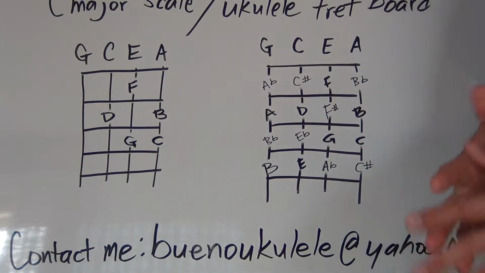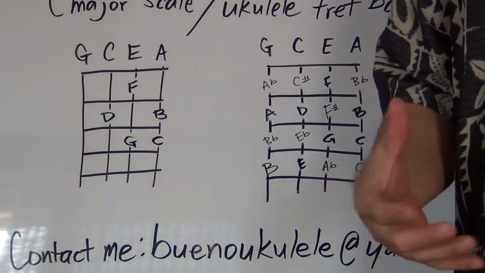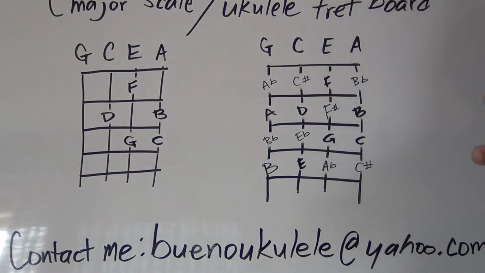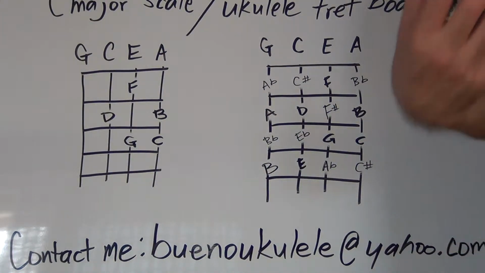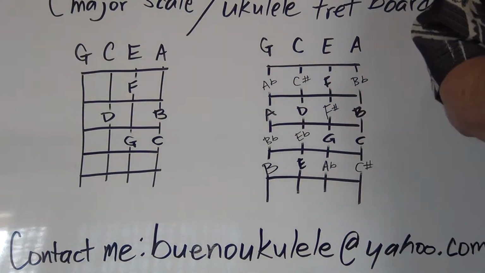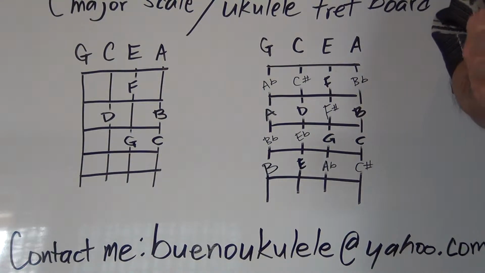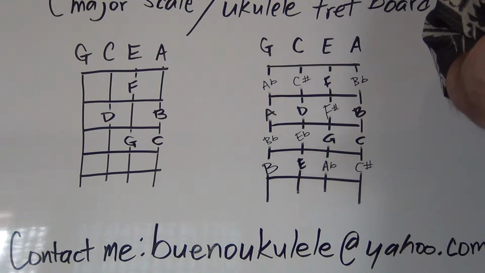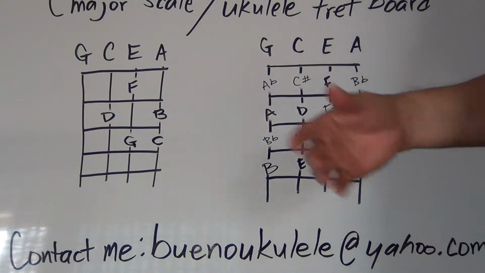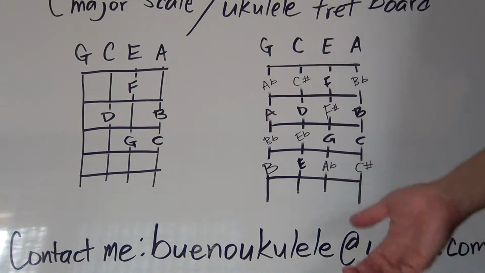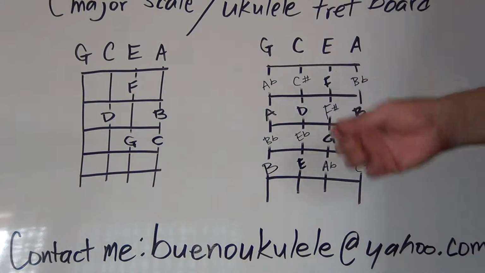Okay? So this lesson was to introduce you a little more to how you're probably going to see it when you start exploring more information about playing scales, learning a fretboard, and notes on the fretboard of the ukulele.